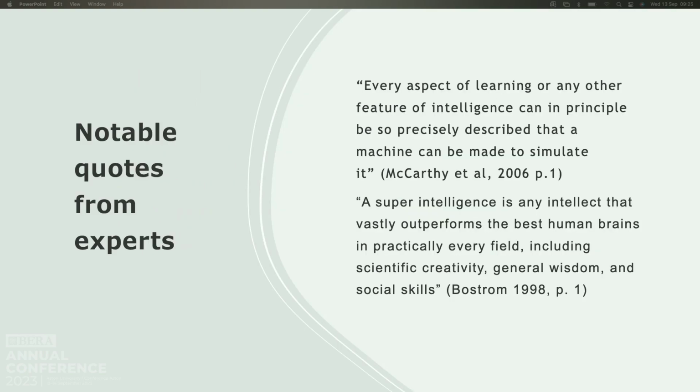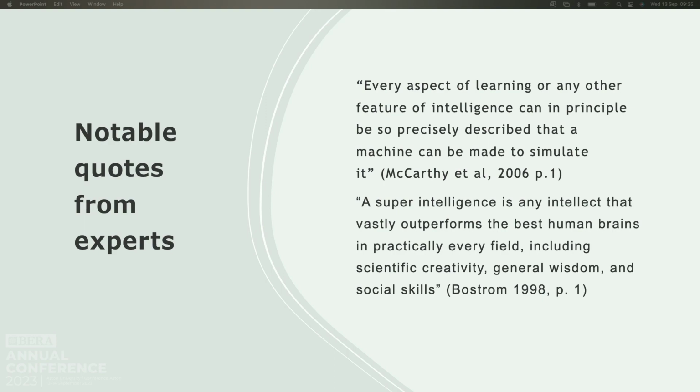Furthermore, I have two quotes. One is from McCarthy, the guy I just made reference to, who in the 50s came up with the term artificial intelligence. In his own opinion, he says, every aspect of learning or any other feature of intelligence can in principle be so precisely described that a machine can be made to simulate it.